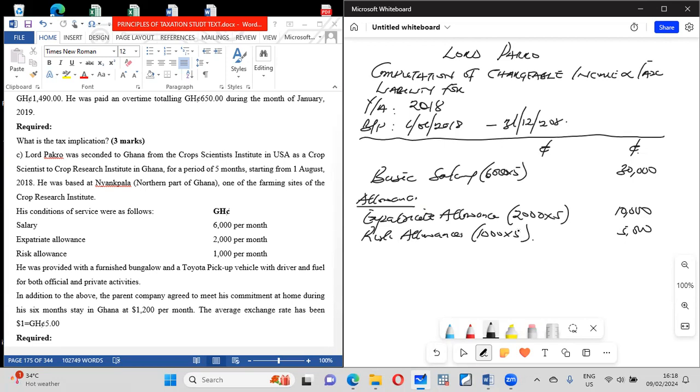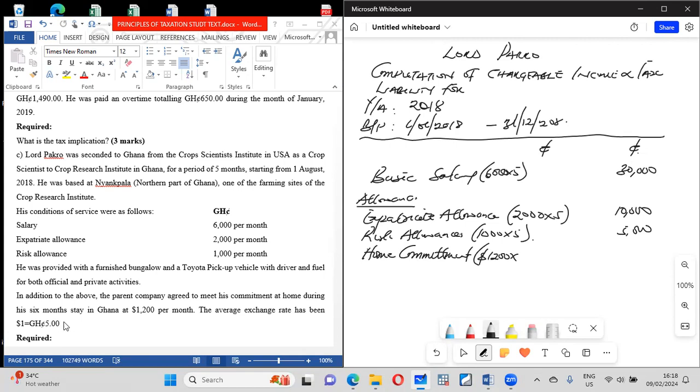We are also told that there is another commitment. In addition to this, they agreed to pay his home commitment for being outside the US. That one is $1,200, multiplied by the exchange rate.